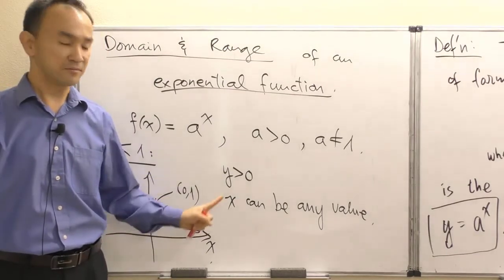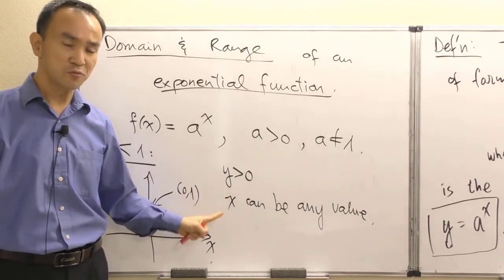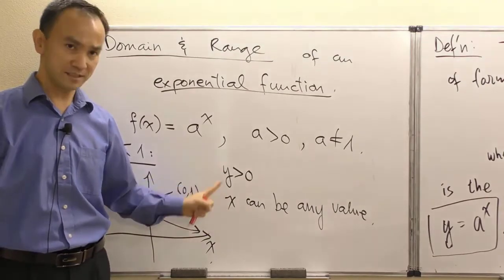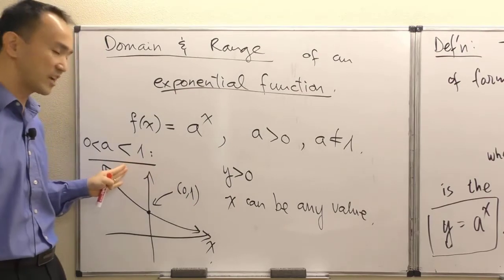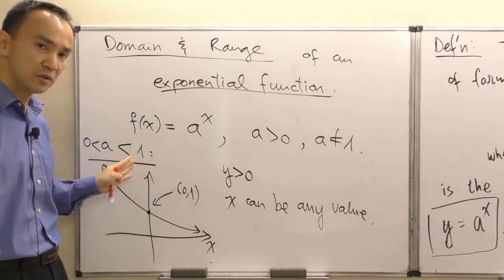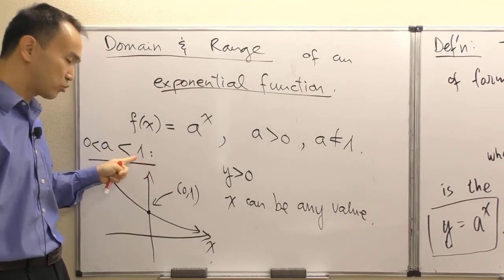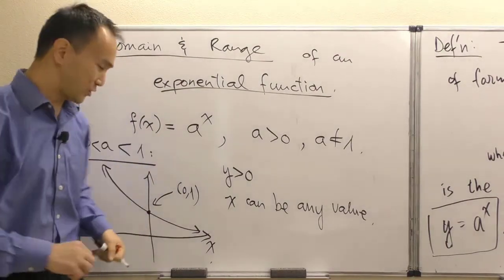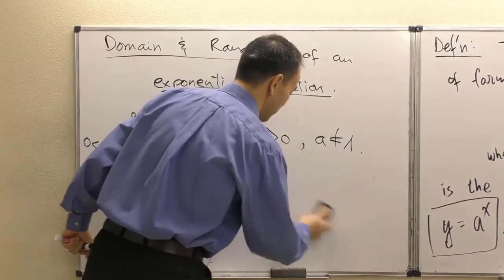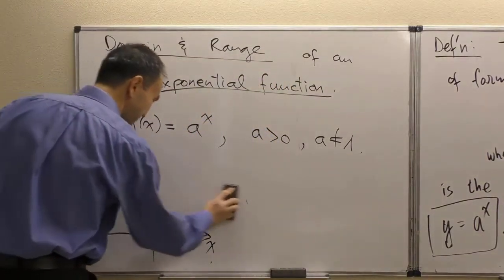We have seen at least these two major characteristics catch our attention, because we have investigated two different cases already: base less than 1 and base greater than 1. And so now we come to an important generalization.